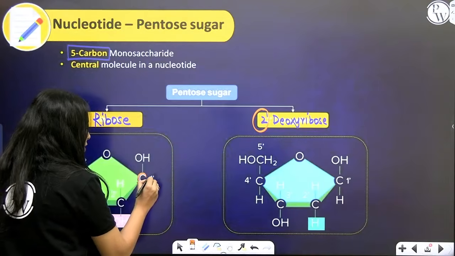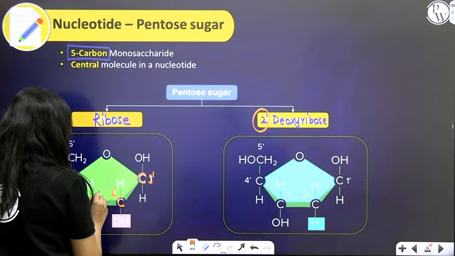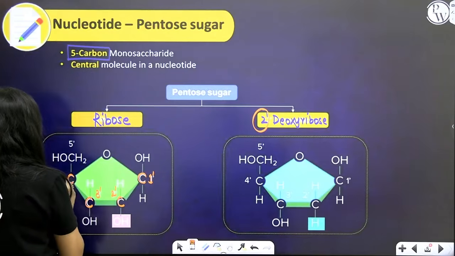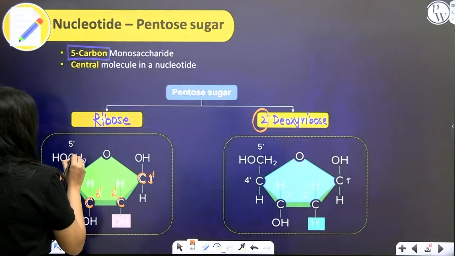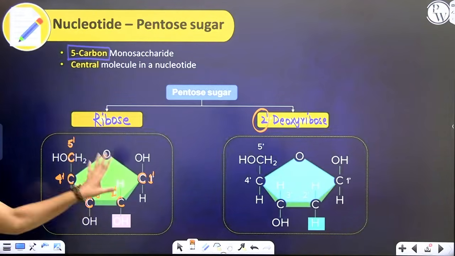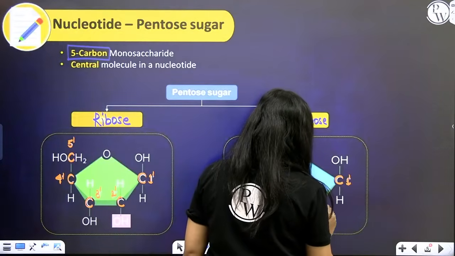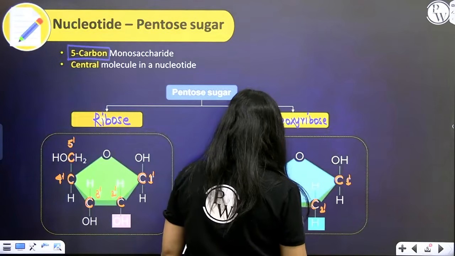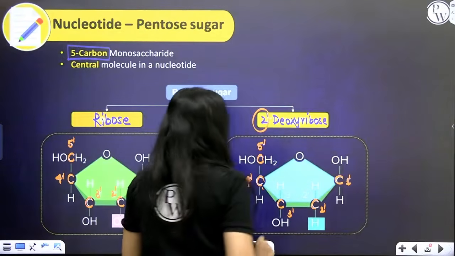Here is our first carbon, second carbon, third carbon, fourth carbon. Like I already mentioned, the fifth carbon is outside the ring and you can find it here. Let's do the same thing over here as well. Here we have carbon 1', carbon 2', carbon 3', carbon 4', and carbon 5'.